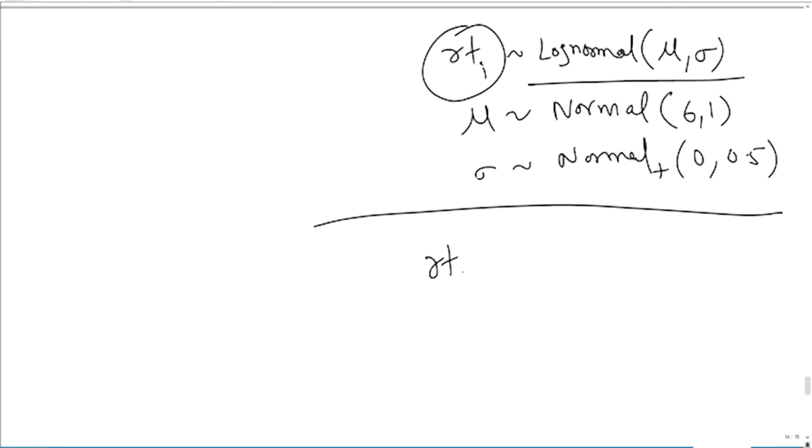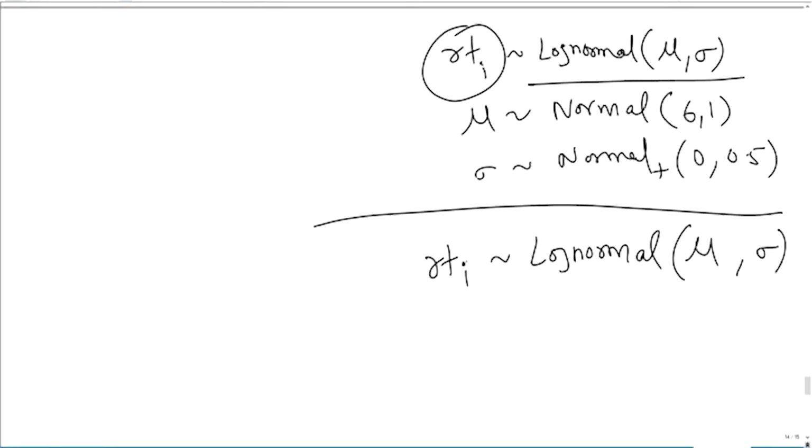Okay, how do we capture this idea? How do we model this, or how do we test this? First, we need to model this idea. How do we do that? We make a slight change in the assumption that the reaction time for the ith string comes from a log normal distribution with mu and sigma.